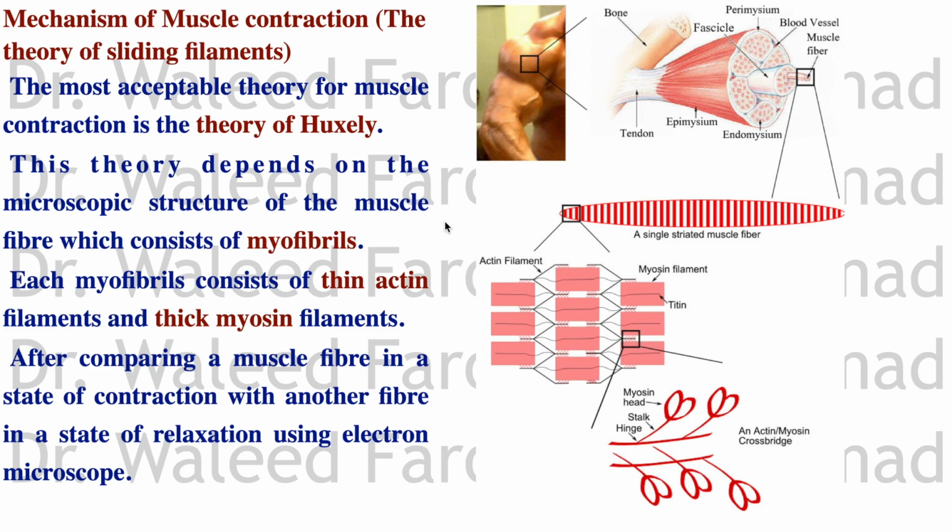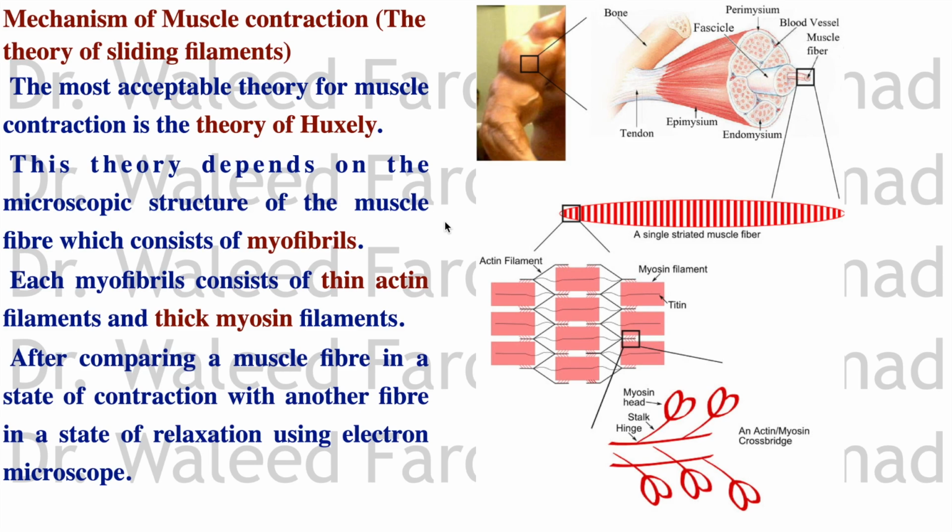Okay? And this depends on the microscopic structure of the muscle fiber, which consists of myofibrils. And we studied before that the myofibrils have actin and myosin. And the actin is a thin filament, while the myosin is a thick filament. Remember our talk about the light bands and the dark bands.